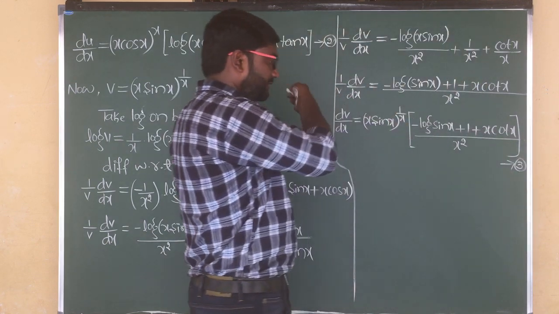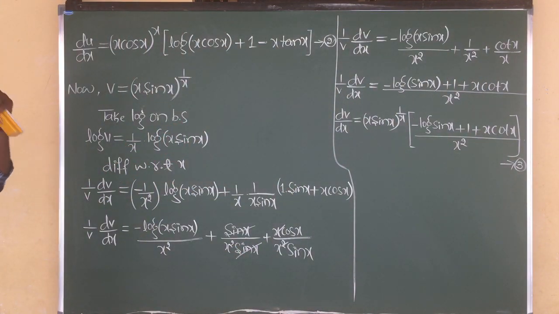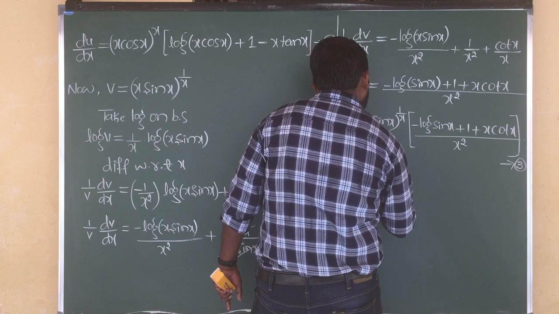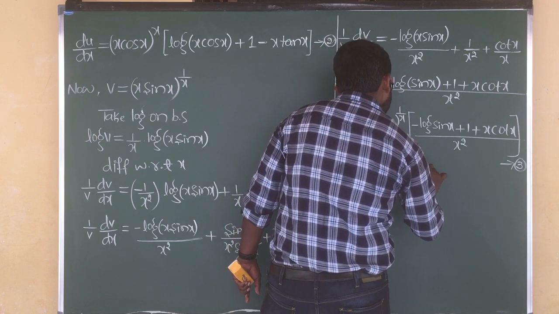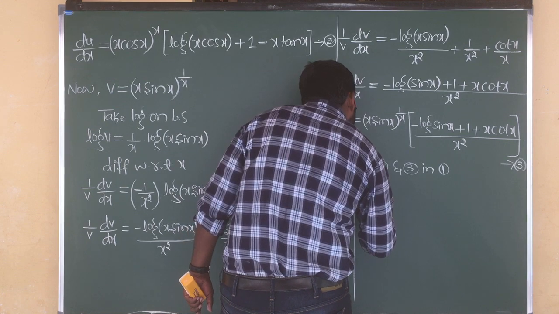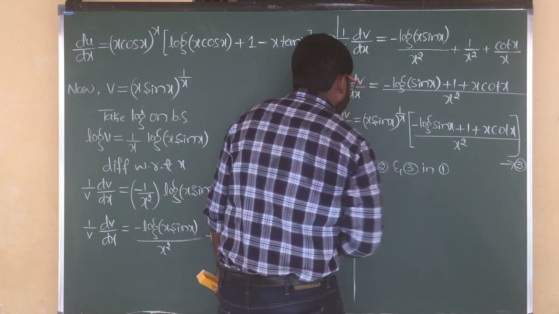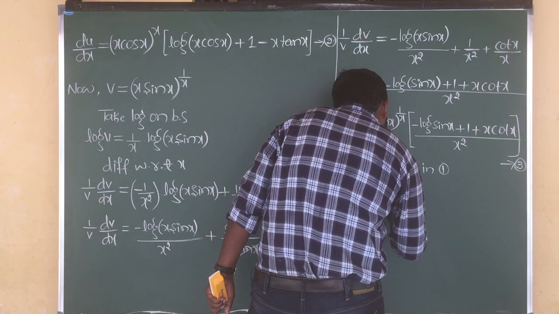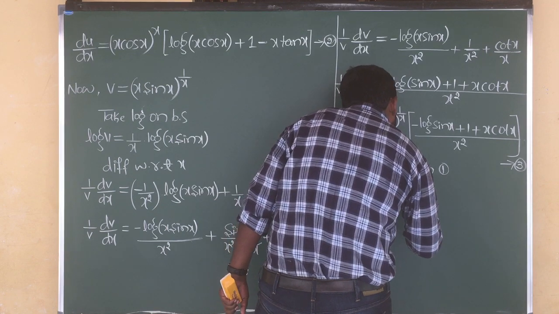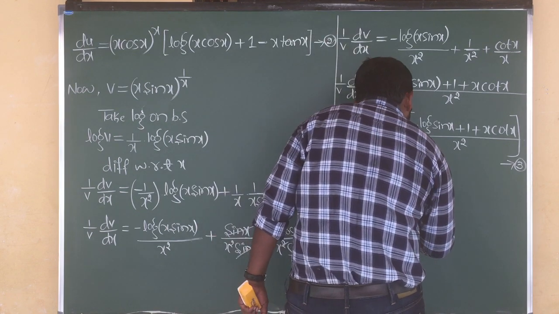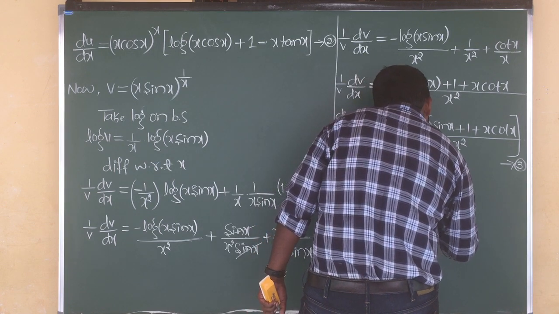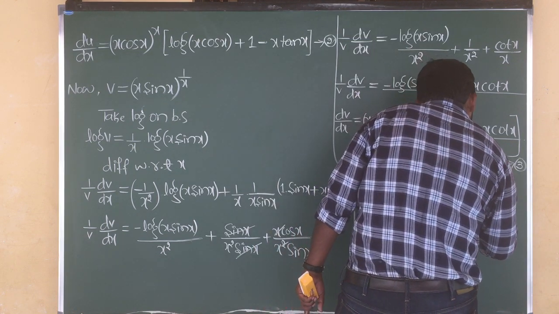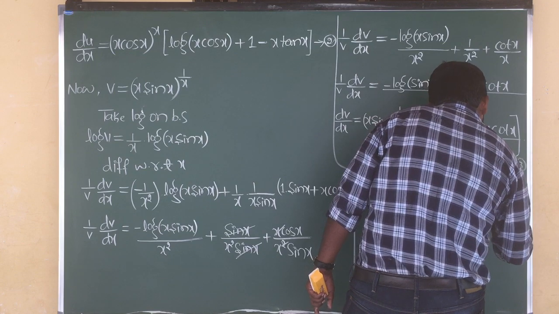So now we have to substitute equation 2 and equation 3 in equation number 1. So see here, put 2 and 3 in 1. So dy by dx is equal to, first we have to write this particular expression, x cos x to the power x, inside the bracket log of x cos x plus 1 minus x tan x.